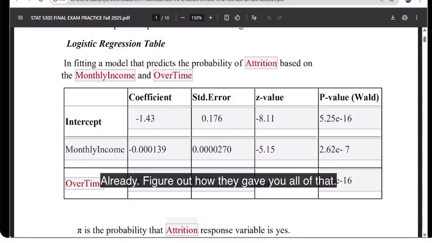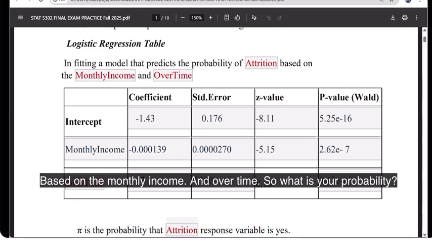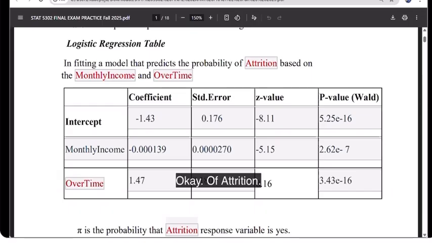They gave you all of that, and they're trying to predict the probability of attrition based on monthly income and overtime.